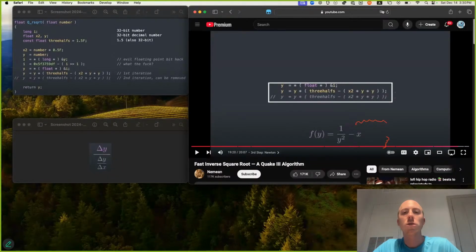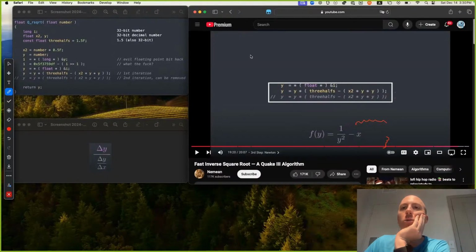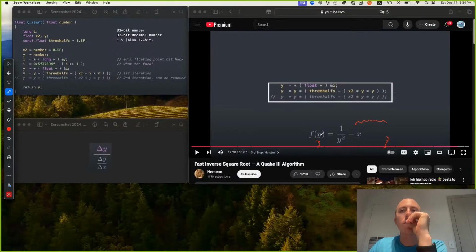So Newton's iteration is a way to find the roots of a function. Why do we want to find the root of this function? Well, the root of this function is when it equals 0, with y squared minus x.